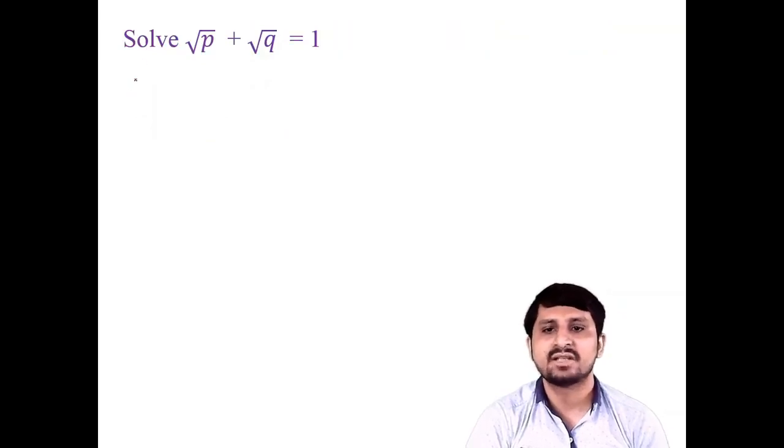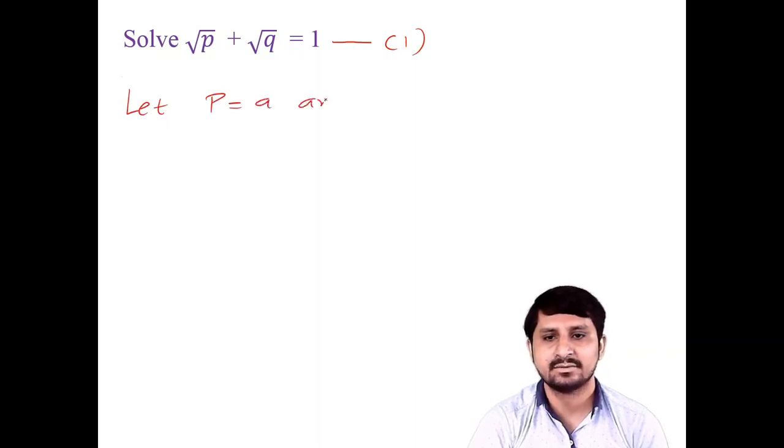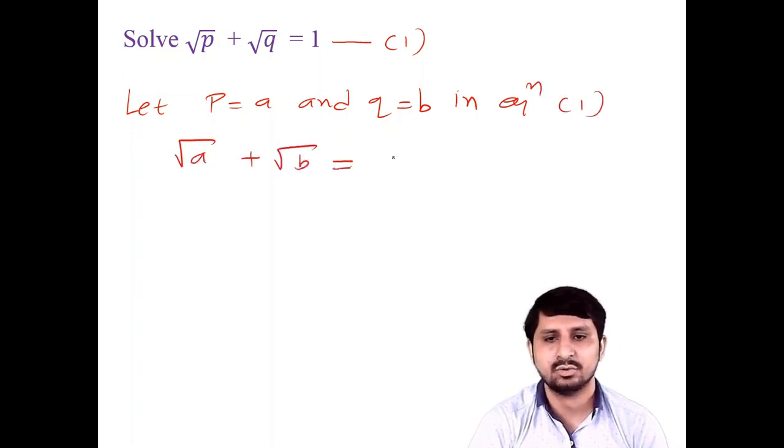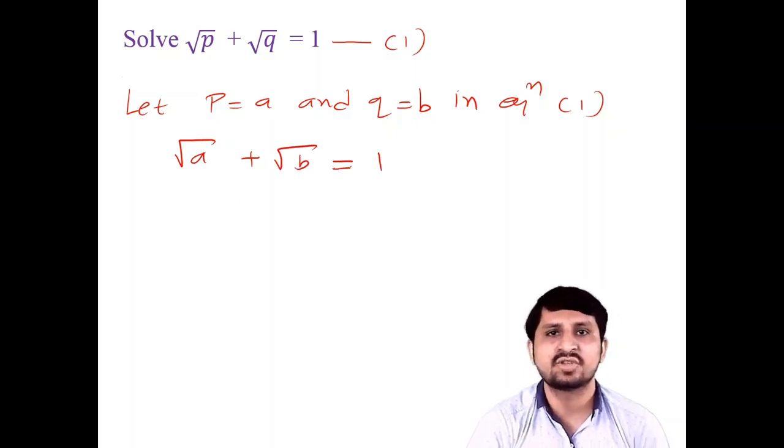Solve root p plus root q is equal to 1. Let's call it equation number 1. Let's take p is equal to a and q is equal to b in equation number 1. So root a plus root b is equal to 1, and we want to find the value of b in terms of a.